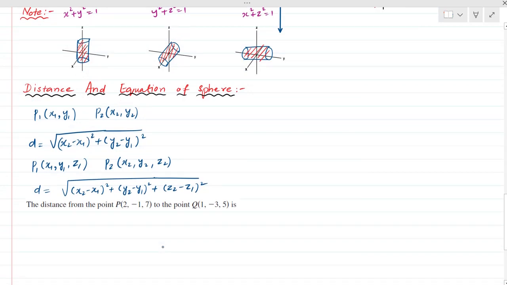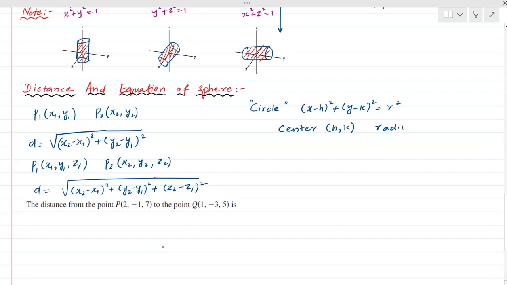Let us start with the circle. In two dimension, the round shape, the circle, the equation of a circle is given by x minus h whole square plus y minus k whole square equal to r square, where h comma k is the center and r is the radius.